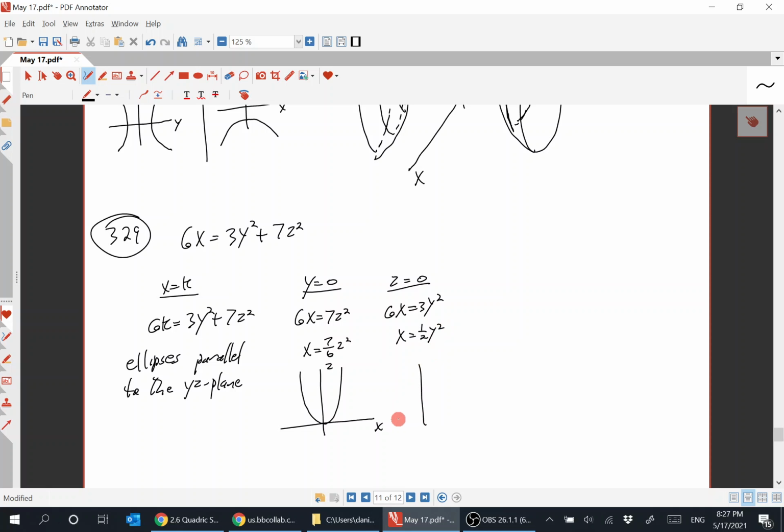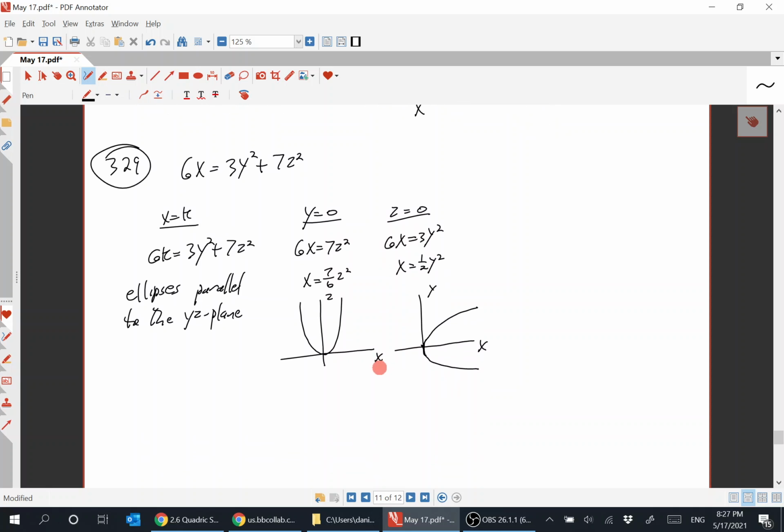So in the xy plane, I've also got parabolas. Or wait a minute. In the xy plane. Oops, not this way. This way. Right? In the xy plane, I also have a parabola.